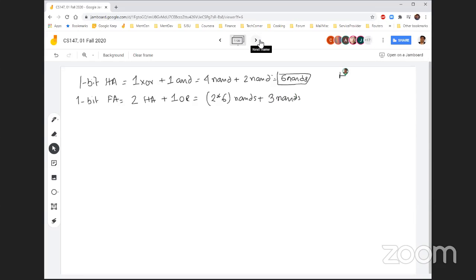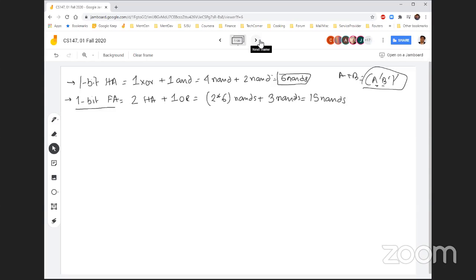A OR B equals A bar, B bar, whole bar. So each of them is a NAND and the whole thing is a NAND. So 3 NANDs. This gives me about 15 NANDs for a 1-bit full adder.